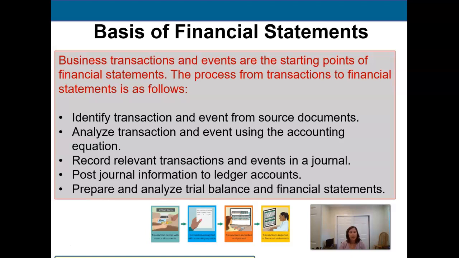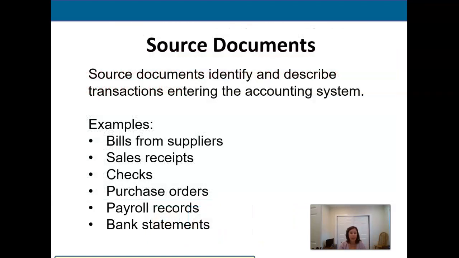We will then take those source documents, analyze them, and start to think about what accounts are affected by these source documents. We can then record the entries in the 2 or more accounts that are affected and post those, and that will lead us into being able to prepare our trial balance and financial statements at the period end. So what are source documents?